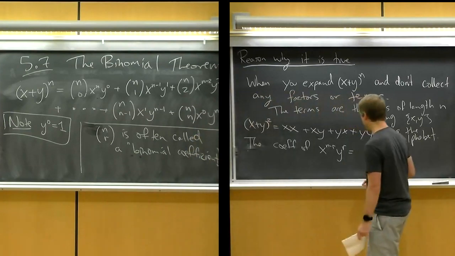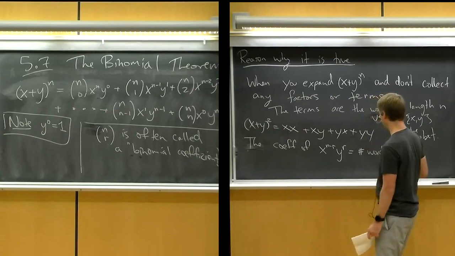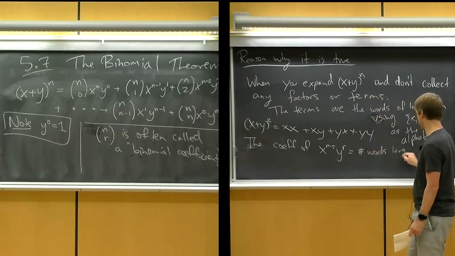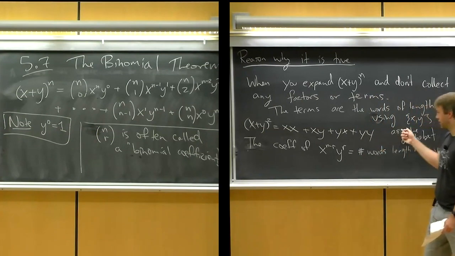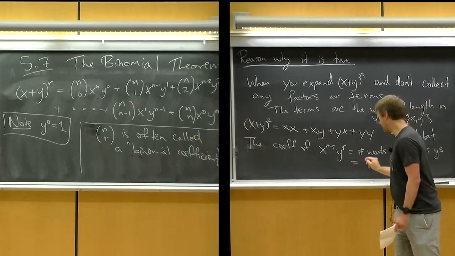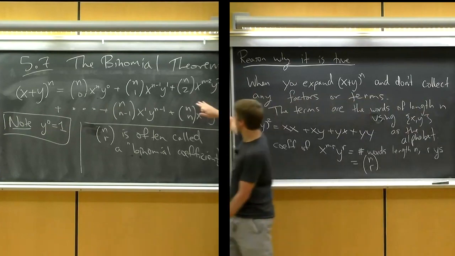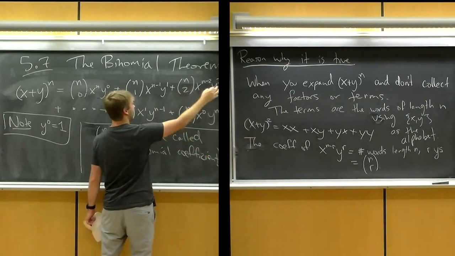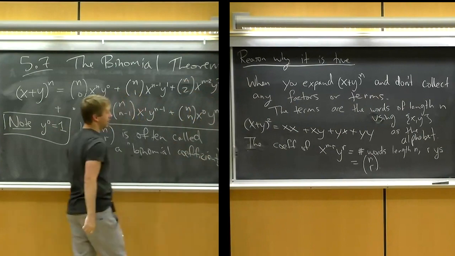So this is equal to the number of words of length n with r y's, using just x and y as the letters, which is equal to n choose r. When I say coefficient, I mean once you collect everything, that should be the coefficient of this. And so this makes sense that when I have a 2 here, I've got a 2 here. It's n choose r that is the coefficient of x^(n-r) y^r.